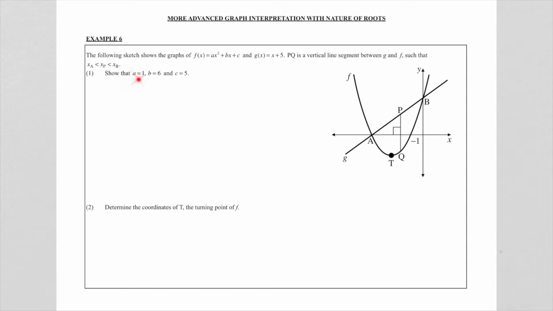So as you can see, they ask us now to find the values of a, b, and c. And that is the a, b, and c from this parabola that they want us to find. Now, when we look at the drawing, you will notice that this x-intercept was given to us at -1.